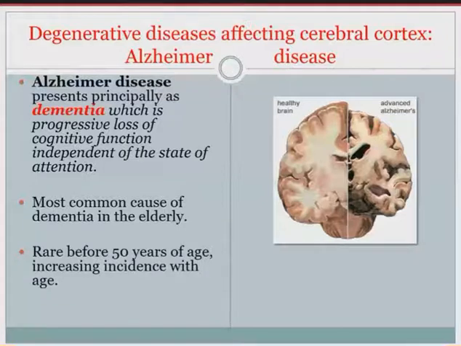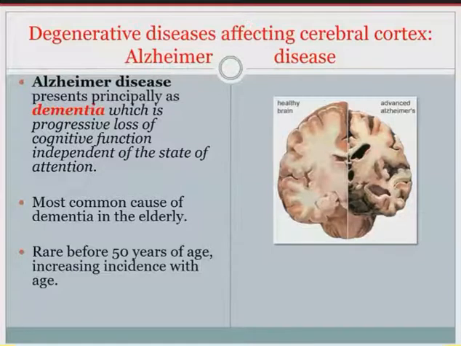Actually, this Alzheimer's disease, it's what we call a forgetting disease. Usually the older generation may have Alzheimer's disease. First I'll talk a bit, and then I'll give some examples. Principally it is dementia, which is a progressive loss of cognitive function independent of the state of attention.